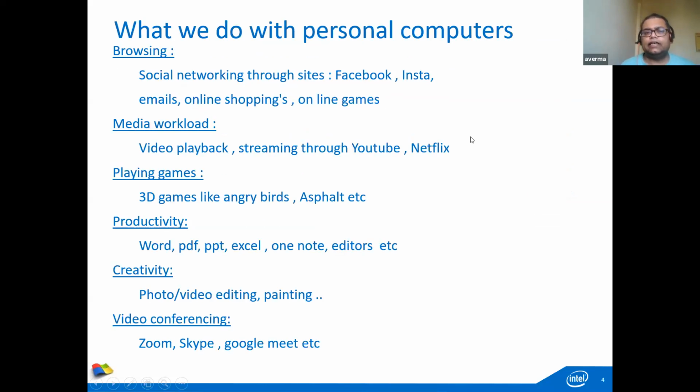Okay, so you can also brainstorm on this topic, which is basically what we do with personal computers. I have just tried to list a few of them, but I'm sure you may have more things in your mind.